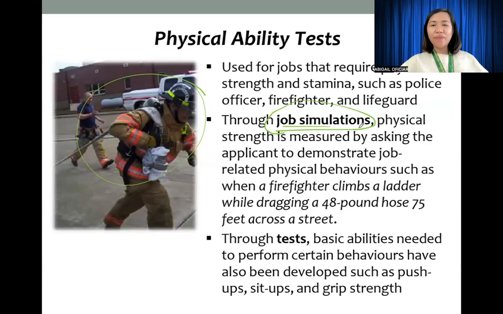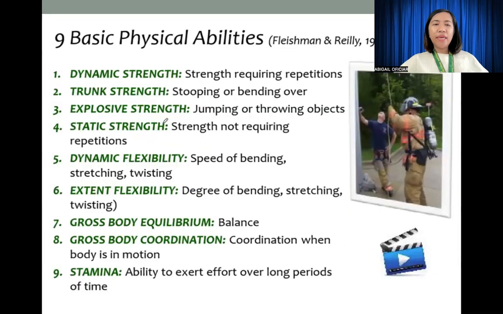So, that's an example of job simulation. Okay? So, through this, we can test their abilities kung kaya nilang gawin yung trabaho. Okay? Ito yung mga examples of physical abilities na pwede nating i-measure. Stamina, flexibility, strength, mga yan, etc.